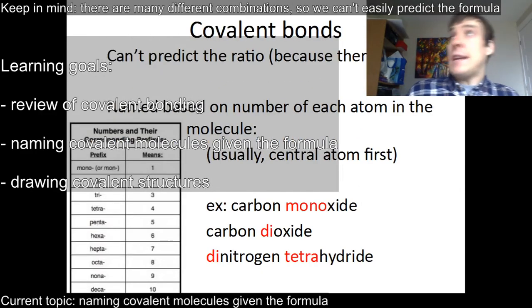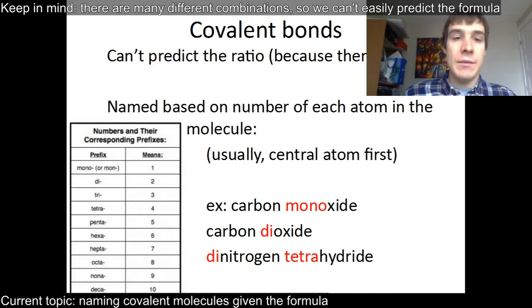When we want to name covalent bonds, or when we want to name covalent molecules, the thing to remember is that there's lots of different combinations and we can't easily predict the formula. The classic case that a lot of people know is carbon monoxide versus carbon dioxide. These are 2 different molecules and they have 2 different names.